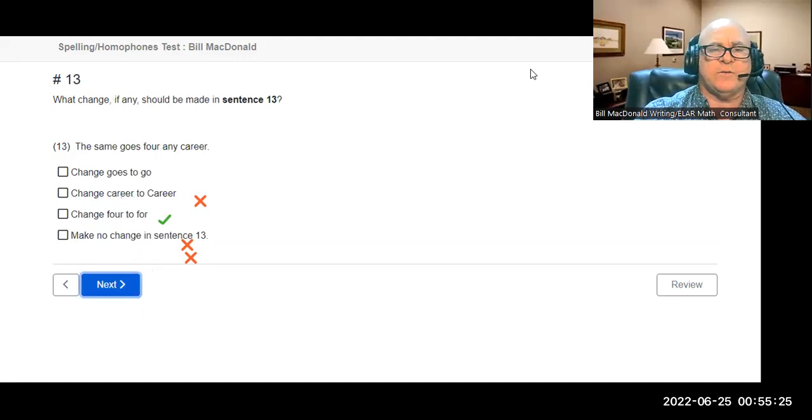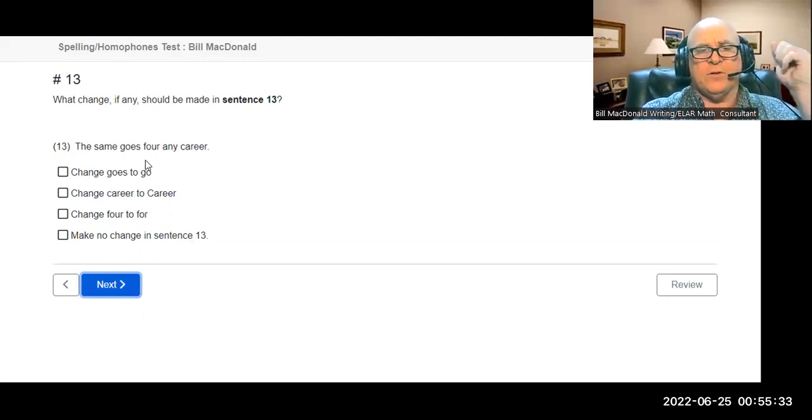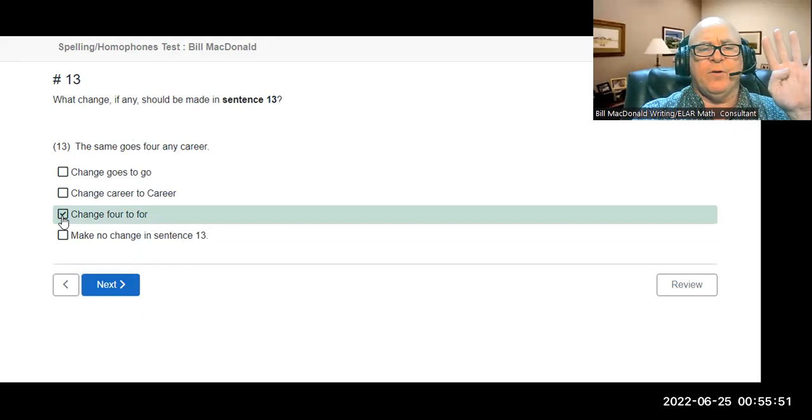What change, if any, should be made in sentence 13? Capital. "The same goes for any career." And since I wasn't talking about the number 4, I'm just going to change the number to something that you do something for, a purpose, for a career.